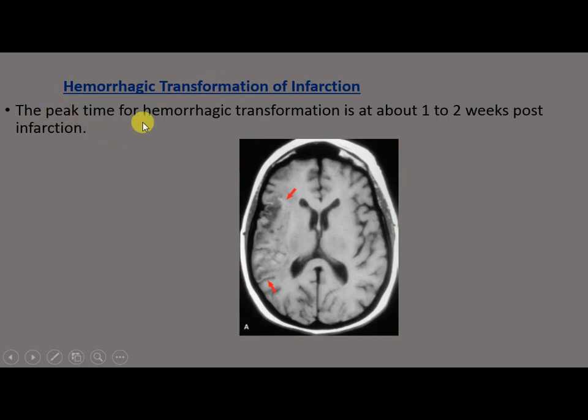The peak time for hemorrhagic transformation is about 1 to 2 weeks post-infarction. As we see, this arrow is pointing to the petechial hemorrhage. Again, you can see here, usually in the cortical region, in the petechial form. It is not global, such as in the primary hemorrhage we will see later.